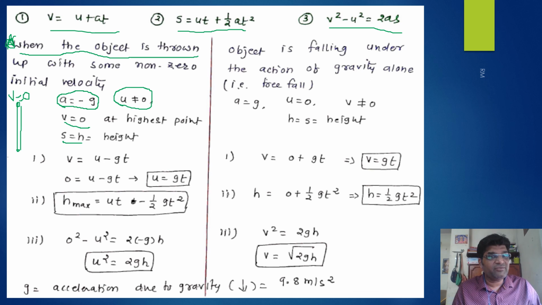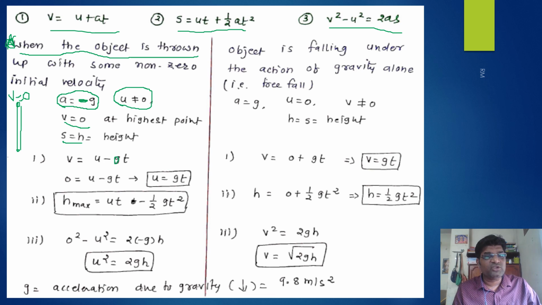So acceleration is replaced by minus g. g here is the acceleration due to gravity and it is still the acceleration. So if you replace a by g, it doesn't change anything, right? So the first equation becomes v is equal to u minus gt, a is replaced by minus g.